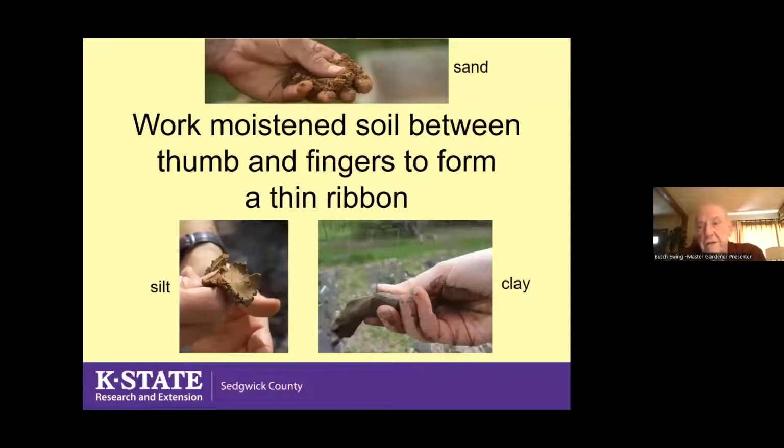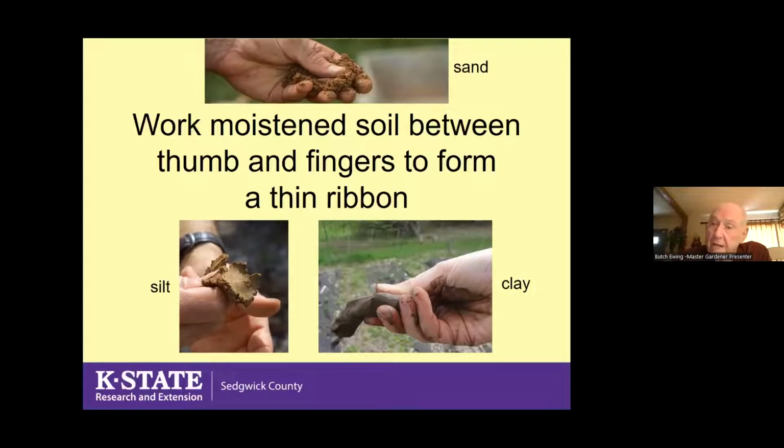So as we said, it takes a special soil test to actually make this determination and give you those percentages. There are a couple of ways that I'd like to tell you about that you can get at least a rough idea of what kind of soil texture you have. The first way would be the old farmer way of doing it.